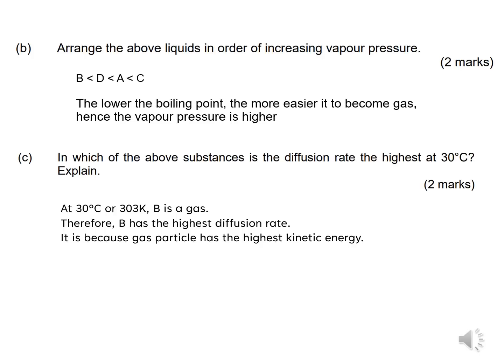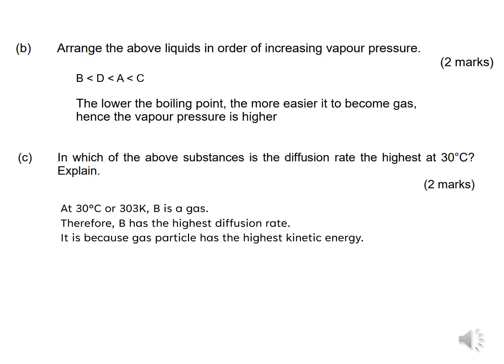Therefore, the more gas B produces, the higher the vapor pressure is. The next boiling point belongs to D, followed by A, and then followed by C. C has the highest boiling point. It is difficult for it to become gas. Therefore, the vapor pressure is low.